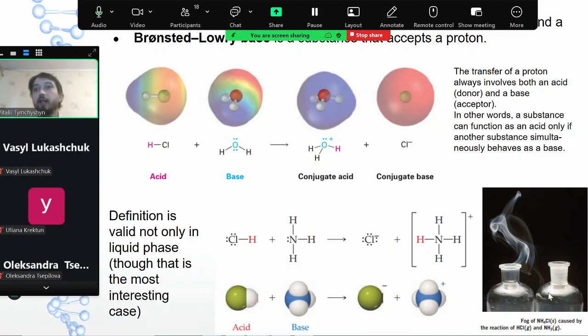So here is a gaseous phase. You see two bottles here. One contains hydrochloric acid, the other one contains NH3, and you see the reaction when a proton is transferred to NH3 and two ions are created, and you can see that as some sort of white smoke.